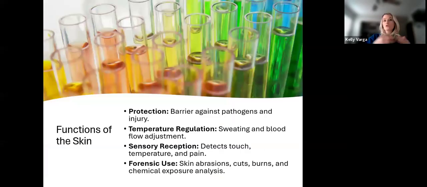We're looking at all sorts of different things. So knowing this, we have to understand what the functions of skin are, and then how this can be modified or messed with, unfortunately, throughout the stages of the decomposition process, and what that can help us understand about what took place. So we know it's a protective barrier.